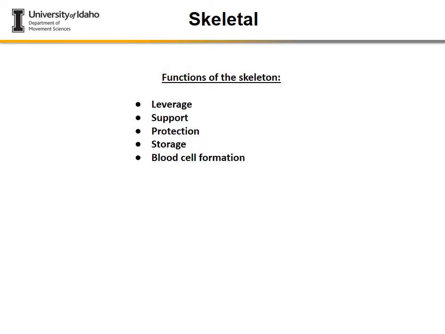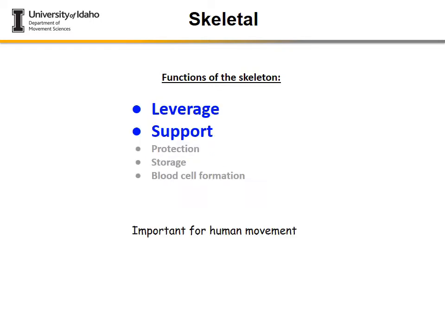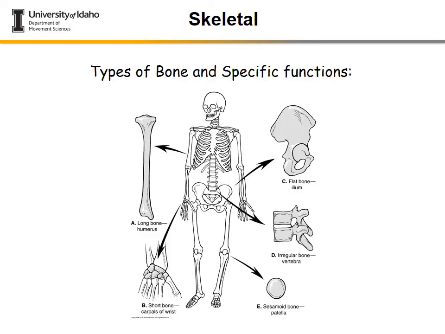To begin the conversation regarding the anatomical considerations, we begin with the skeletal system. And we understand that there are 5 major functions that may be associated with the skeletal system, but for our purposes, we're going to focus on the 2 that are important for human motion, those of leverage and support. There are a number of structural shapes that bones have evolved into based on the function and stress to which they are introduced.